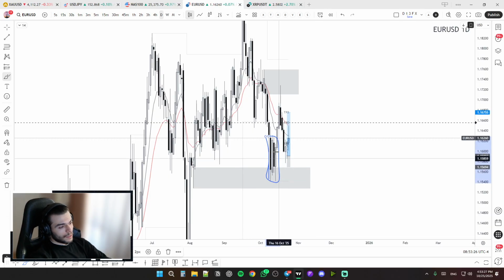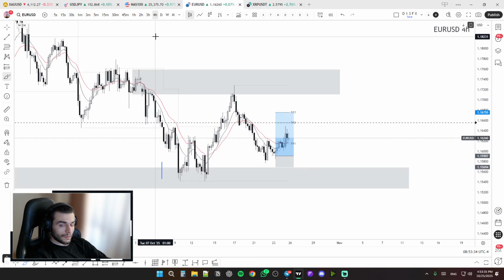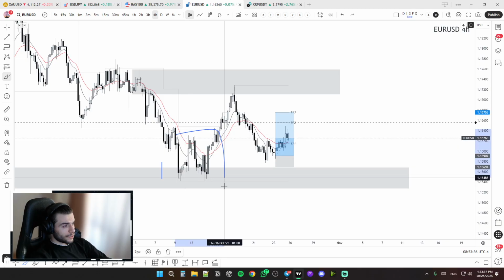Once we see price reaching above that level, that's a sign that there is enough power to push the market higher from this level. It means even here we could have taken some trades, but until the supply zone from the higher time frame, we did not take this trade.